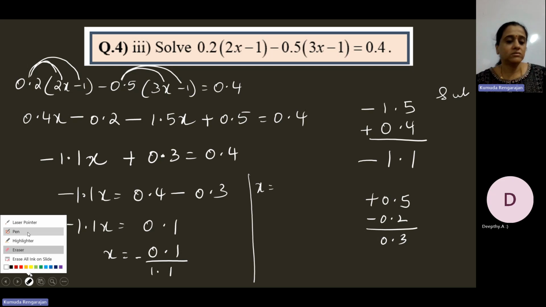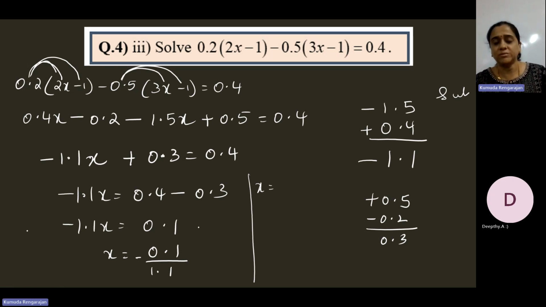So now, when you shift an equal number of decimal places in the numerator and denominator, they get cancelled, right? Here you're shifting the decimal point by one place in the numerator and one place in the denominator. So it becomes 1 in the numerator and 11 in the denominator.